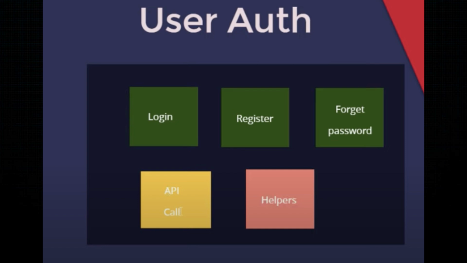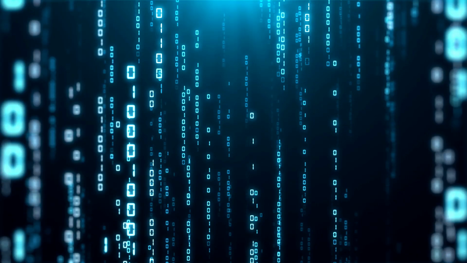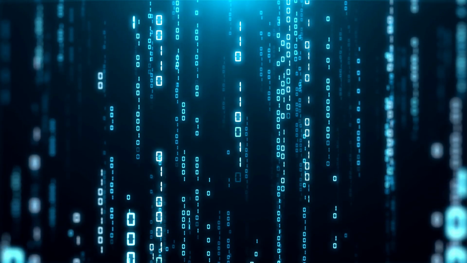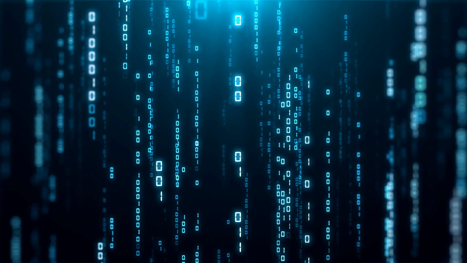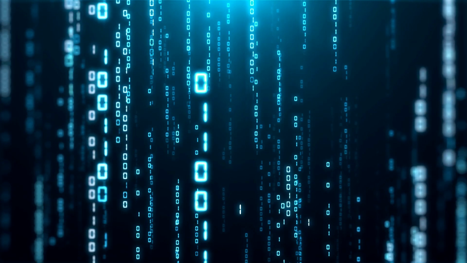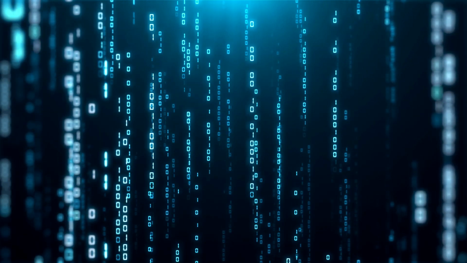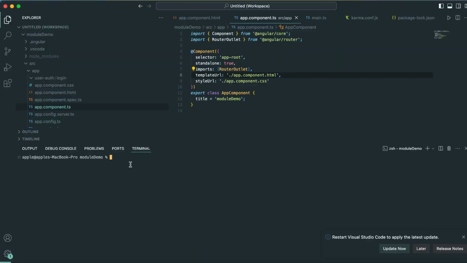Now I will take you to the next step, the practical step, of how to make a module. So let's jump in and create a new module from scratch. In order to generate any module, you can just write one command: ng g m, g for generate, m for module.